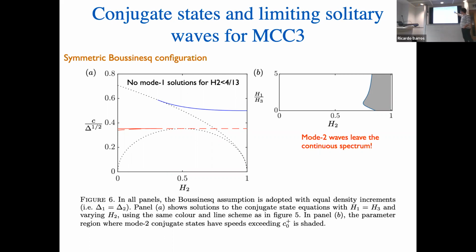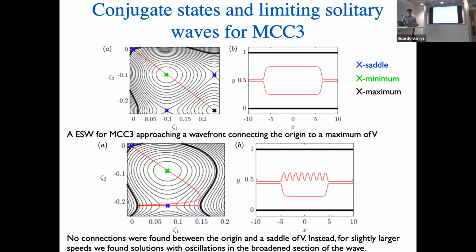This is precisely the case where you have 0.75, I believe, and everything is higher than this. It means that you have solutions that are no longer embedded, and they can travel at the same speed as mode 1 waves. You should probably take questions.